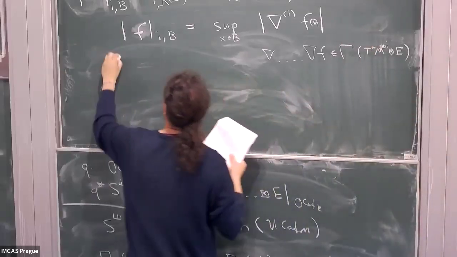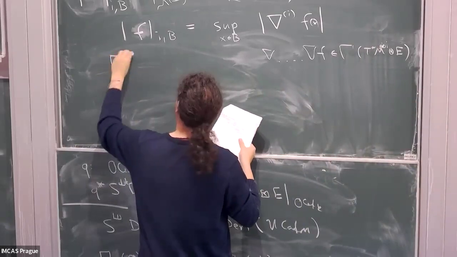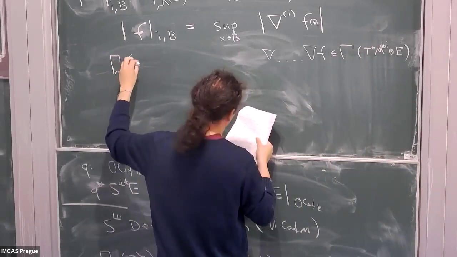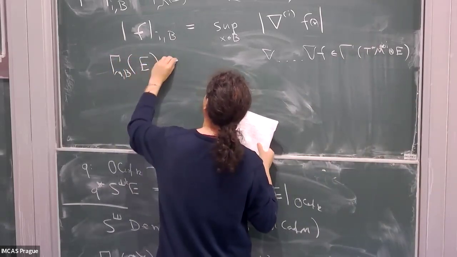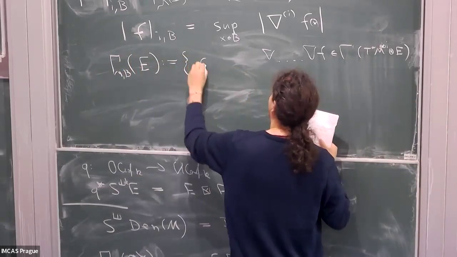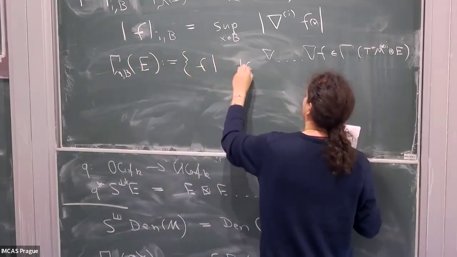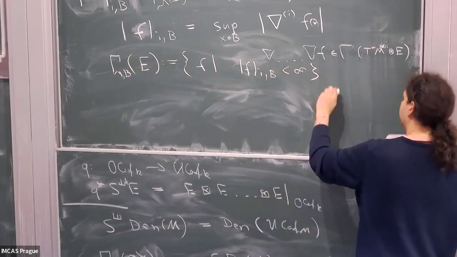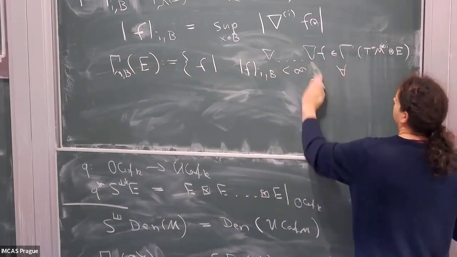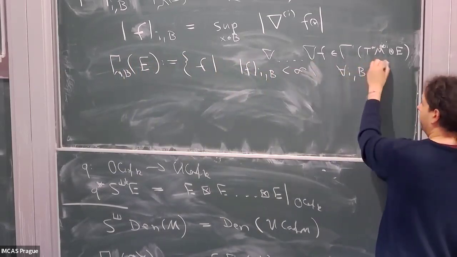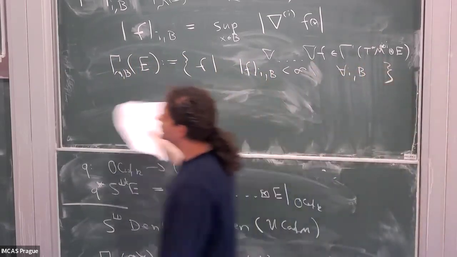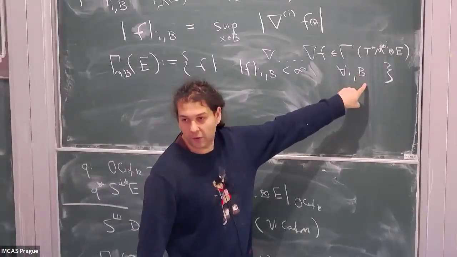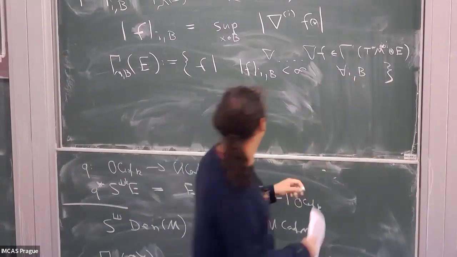And so we define the set of bounded sections of E to be just the f such that the seminorms p_{i,B}(f) are finite for all i and for all bounded sets B. Because the bornologies I'll be using are exhaustive, here I could just take one of the countably many seminorms.